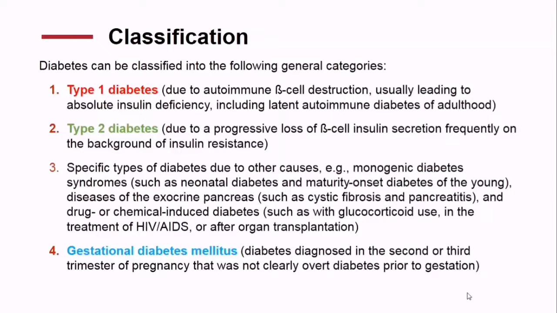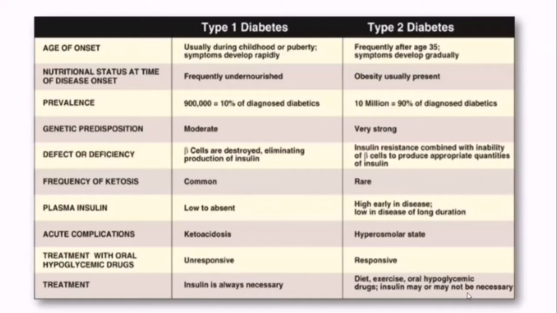So these are very important types of diabetes which you have to remember lifelong. Today we mainly focus on these two types, type 1 and type 2 diabetes, and mainly on the differentiating features.